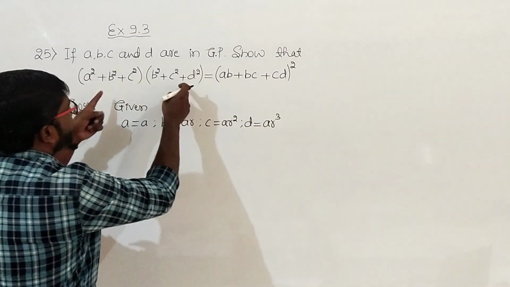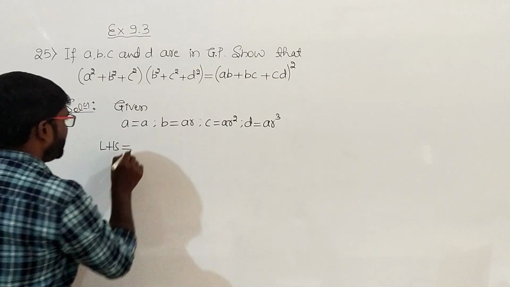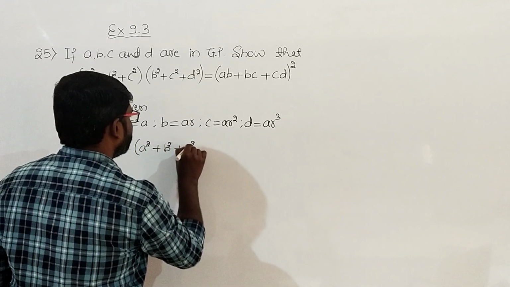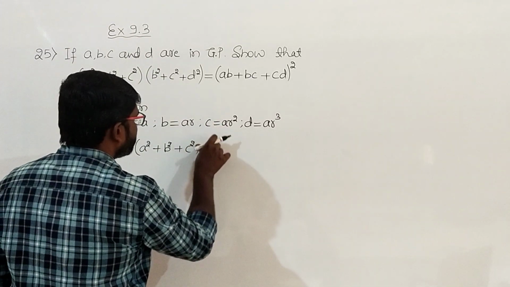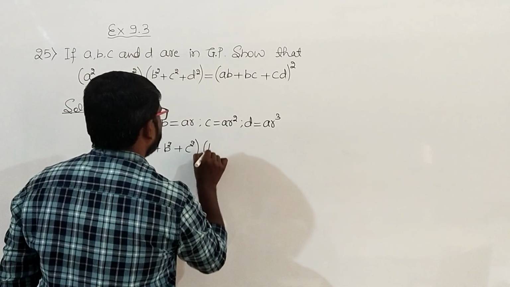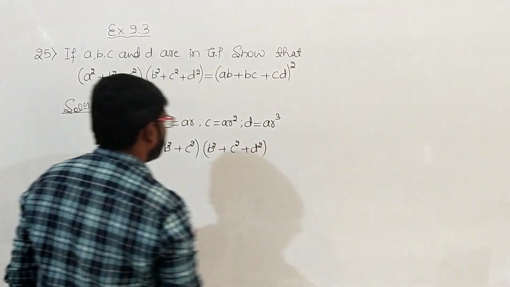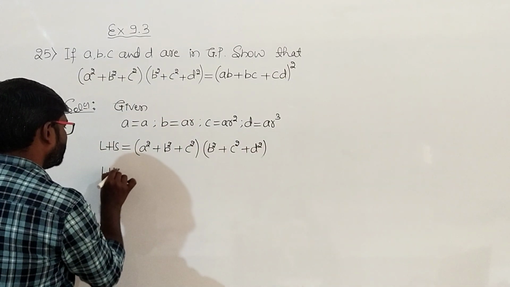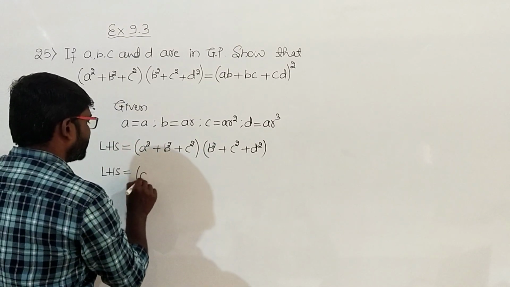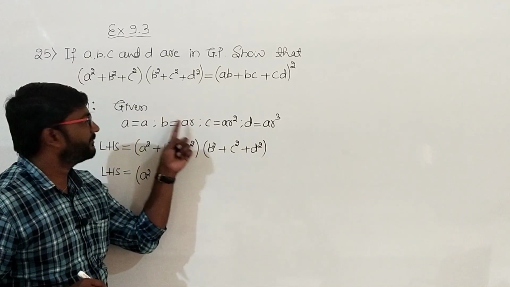So now I will be taking the left hand side, LHS, which is equal to (A square plus B square plus C square) into (B square plus C square plus D square). So now left hand side is equal to A square, write it as it is, plus B square, that means A square R square, we have to square on both the sides.